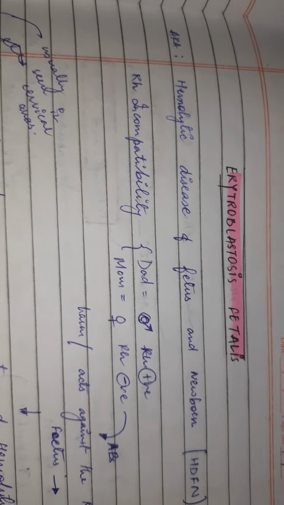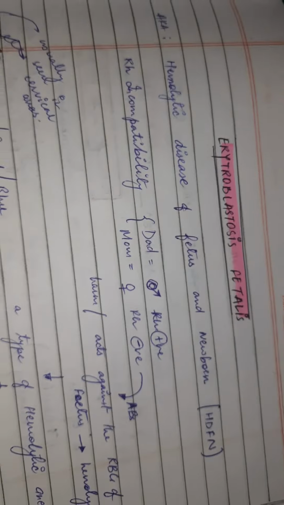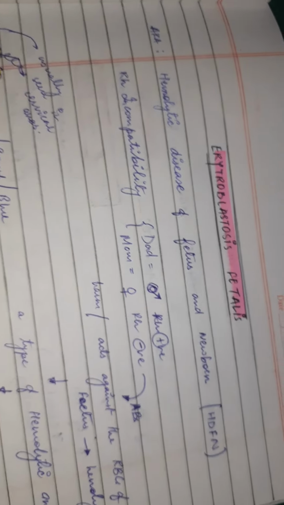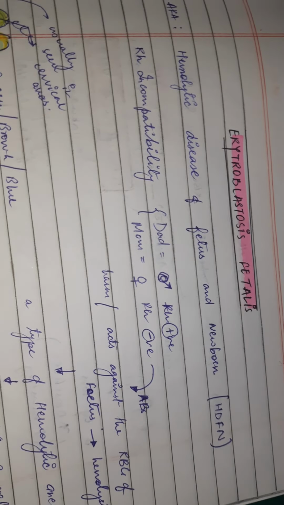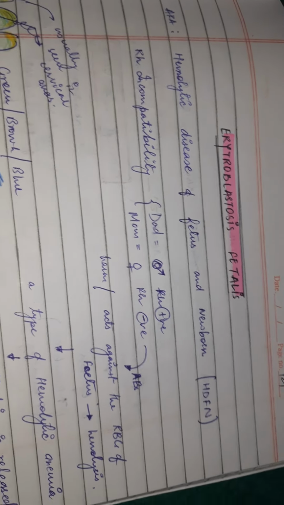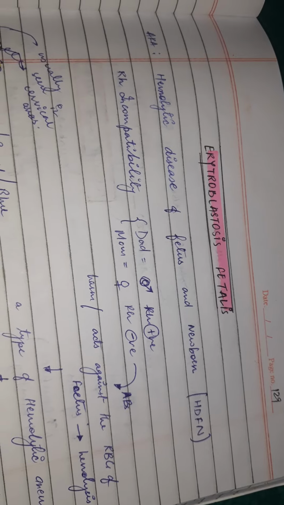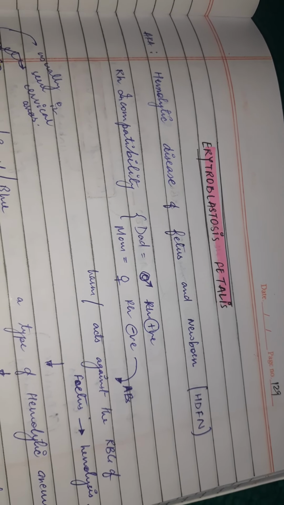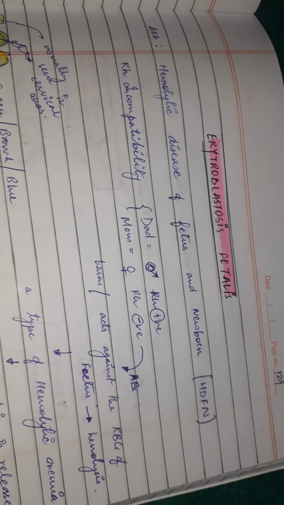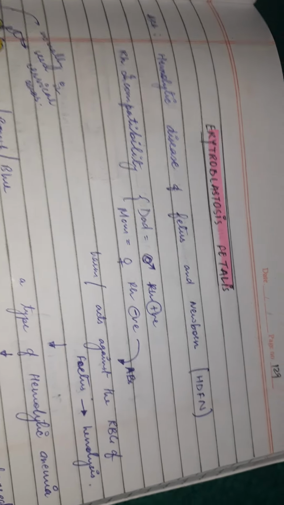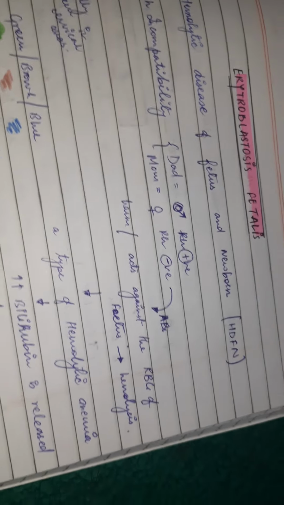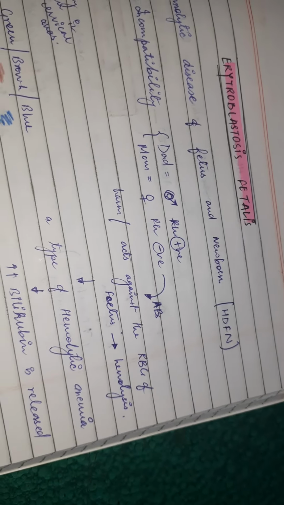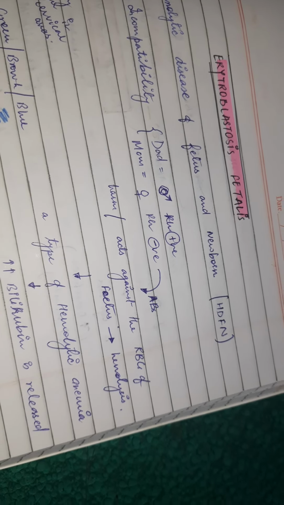Now, erythroblastosis fetalis, also called hemolytic disease of fetus and newborn, HDFN. It is due to RH incompatibility between dad and mom. If the male is RH positive and the mom is RH negative, then the antibodies of the mom act against the RBCs of the fetus.